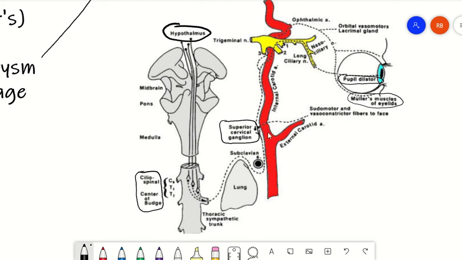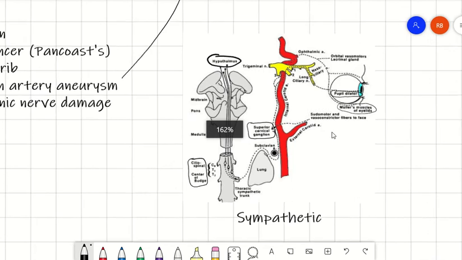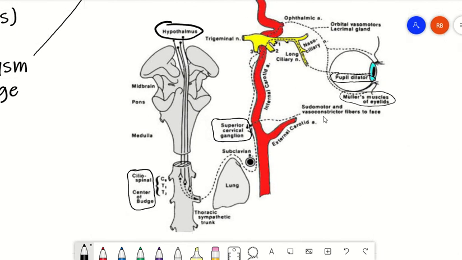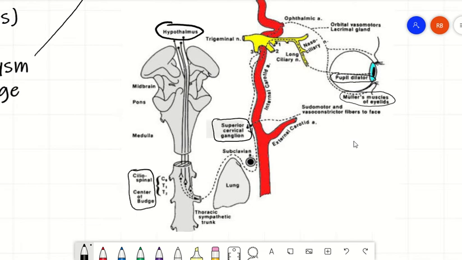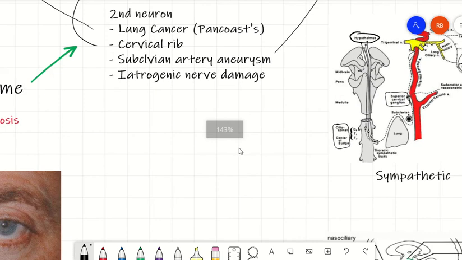So depending on where the problem is, you may only see lack of sweating on one side of the forehead, or on the whole side of the face. So it depends, but the pseudomotor fibers do branch away at some point, and you may not always see the lack of sweating on one side.